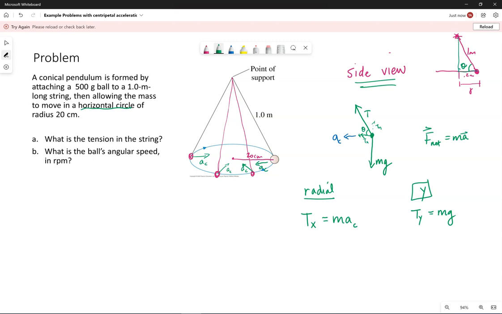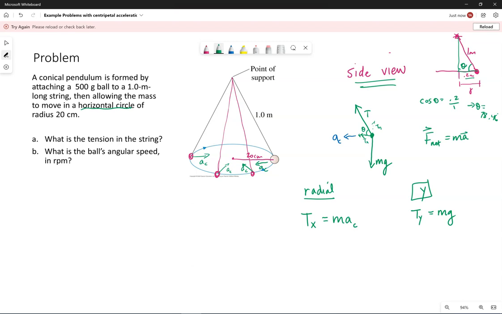I have enough information to figure out this angle, and it's not sine. I know the adjacent side is 0.2, and I know the hypotenuse is 1. So the cosine of theta will be 0.2 over 1. Inverse cosine gives me an angle of 78.46 degrees.